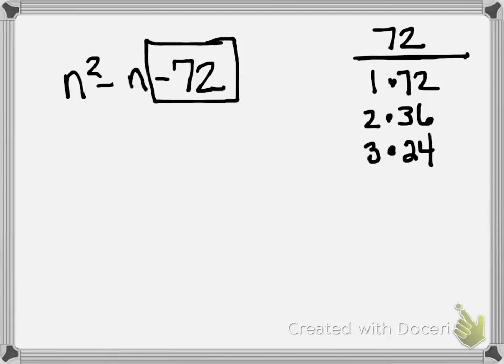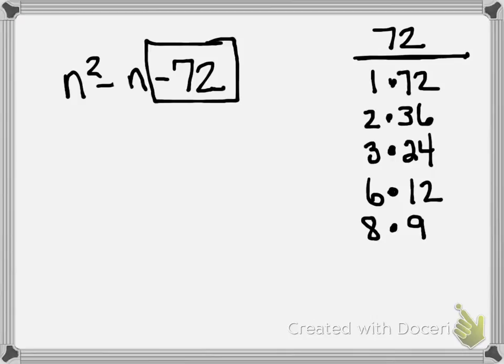And I don't know about 4, 5 I know won't go, 6 might go with 12, 7 won't go into it, but 8 certainly will, 8 times 9. That's most of the factors of 72.